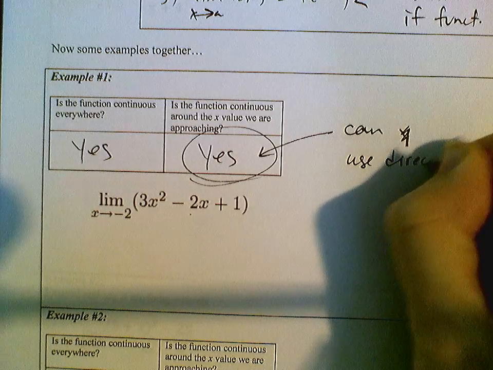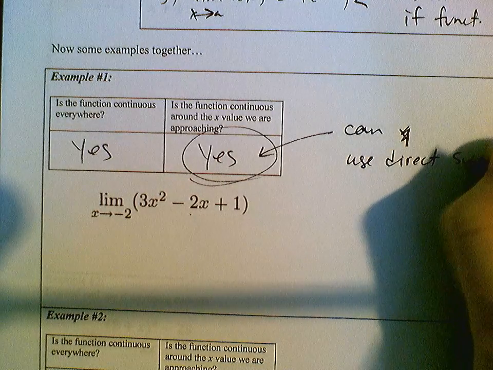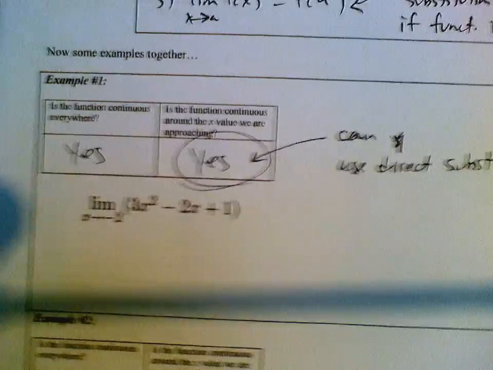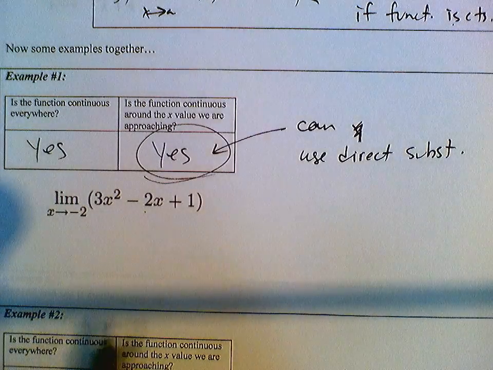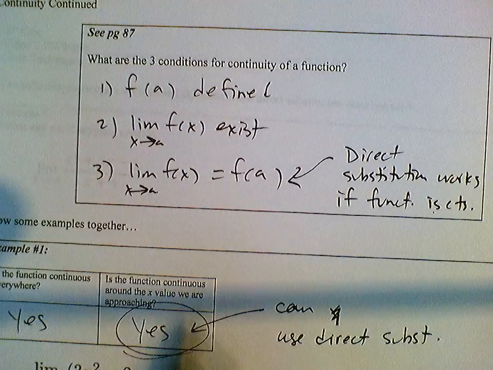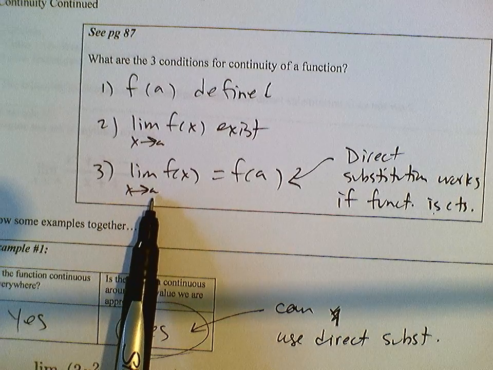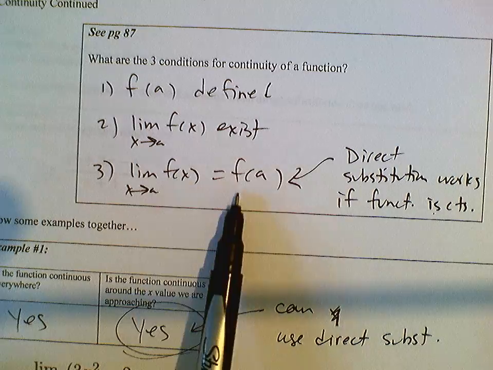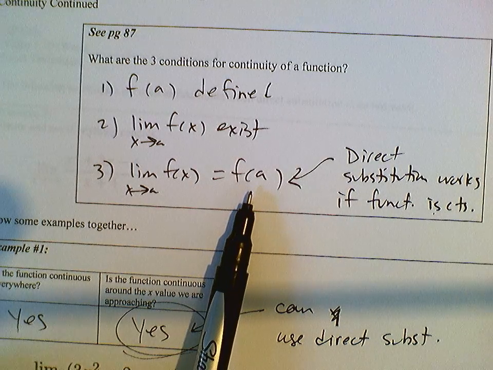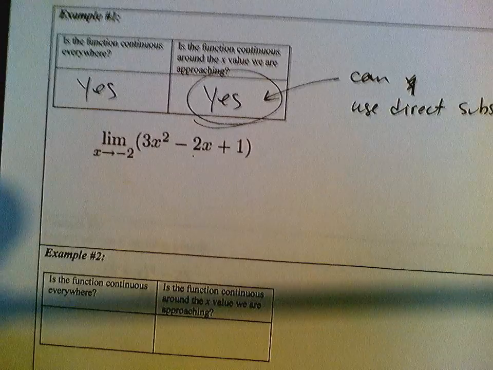If the answer is yes to this one, then this means from now on, you can use direct substitution. And what I mean by that is this. The limit as x approaches, in this case, -2 of our function is going to be the same as f of -2. All right?